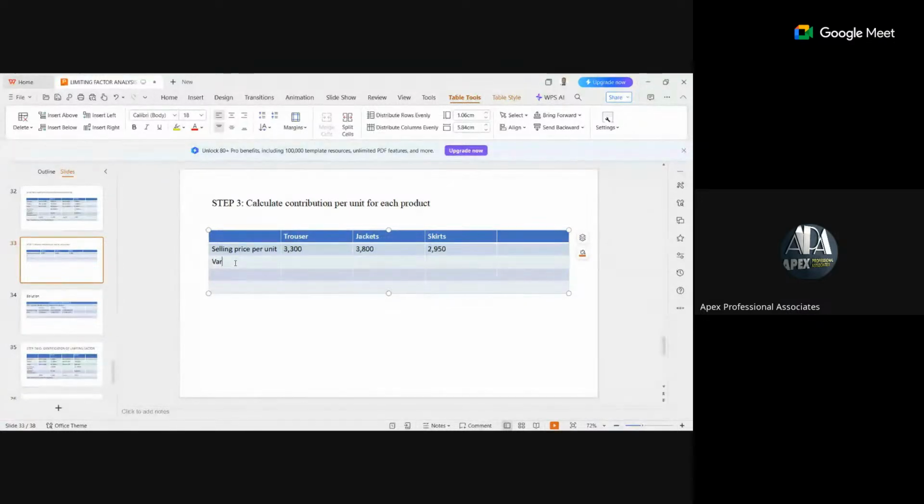If you check the question, you have direct material: 1,000 for trouser, 900 for jackets, 700 for skirts.